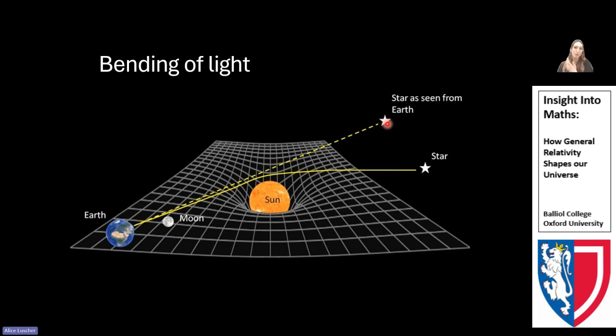But the main problem in observing that effect is that the sun is so bright that usually you don't see stars when you see the sun, right? So you're not really able to see the star at a different position. The exception is if the moon is hiding the light from the sun, and that's what we call a solar eclipse.